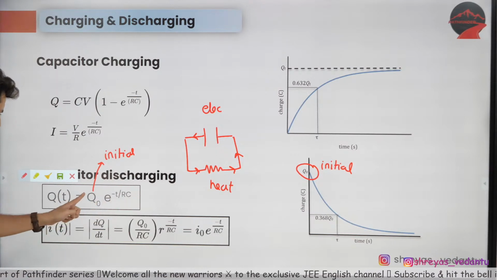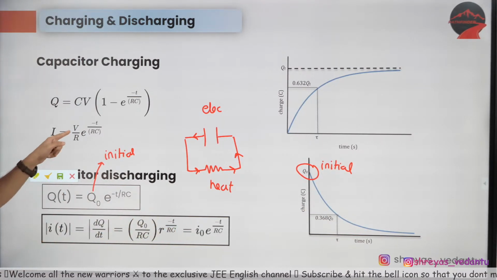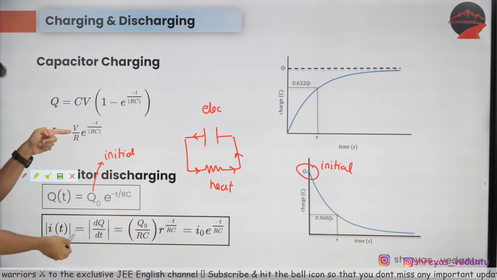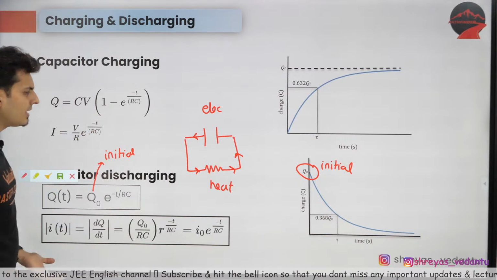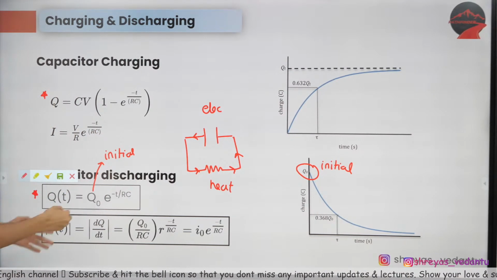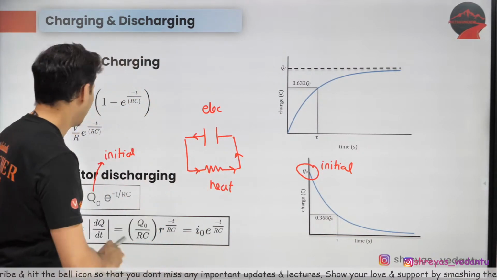That's it. And if you differentiate this, you will get the current. I generally don't tell my warriors to remember the value of current because the derivative is very easy. Just remember this charge as a function of time; current you can get very easily. But here there is a catch.